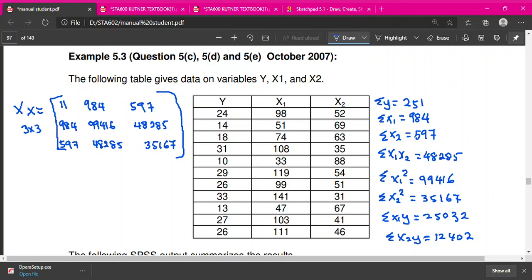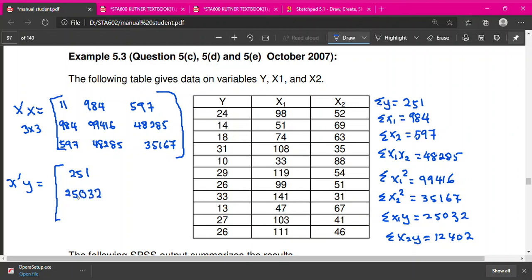And then we want another matrix, X transpose Y, which is summation of Y here, 251. And then summation of x1 y, 25032.